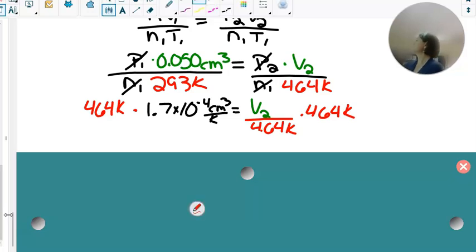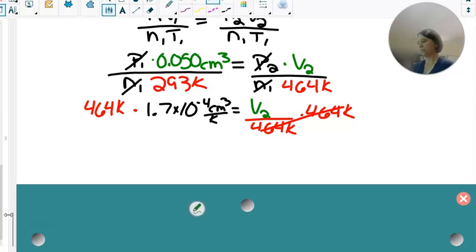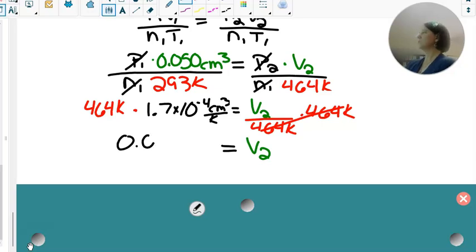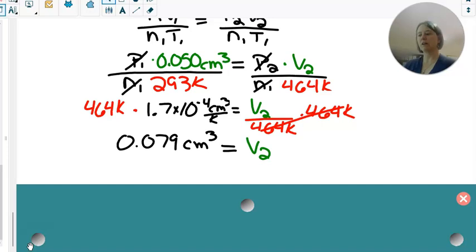So these cancel out, and then V2 is equal to, take a moment and solve that. You should get something like 0.079 cubic centimeters, with 2 sig figs. So our bubble got a little bit bigger.